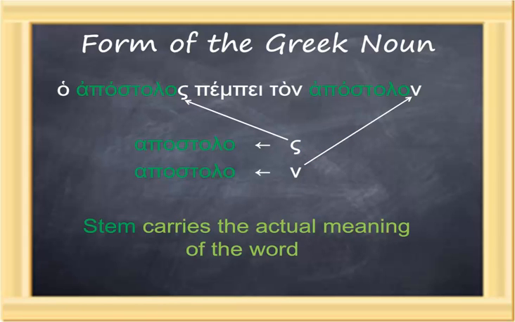If the case ending, the part that changes or inflects at the right side of the word, determines usage, then it is the stem, apostol-, that carries the actual meaning of the word. Both words have at their root the word apostle, but the case ending tells the usage, the stem, the meaning.